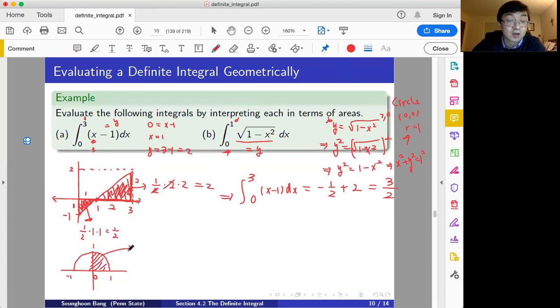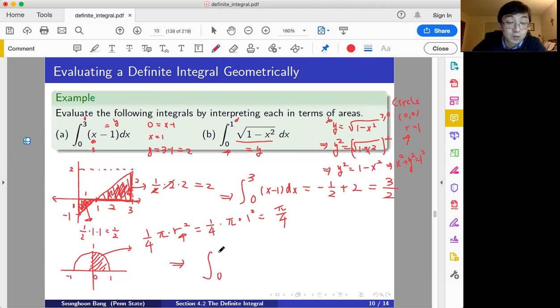So how can you find a quarter of a circle? The area of a circle is pi times r squared, so a quarter is 1 over 4 times pi times r squared. In this case, the radius is 1. The answer is pi over 4. So what's the final answer?